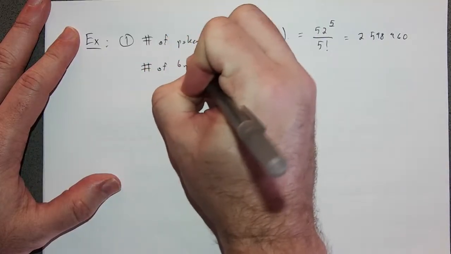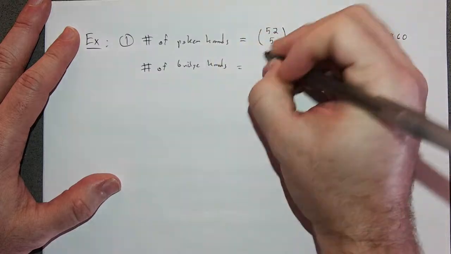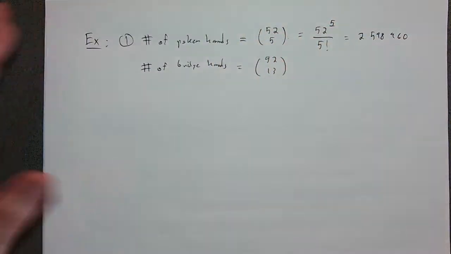Bridge is played with 13 cards, so this would be 52 choose 13. I'm just going to leave it like that. I'm not going to write how many that is, but it's a lot more. It's like 635 billion. Okay.